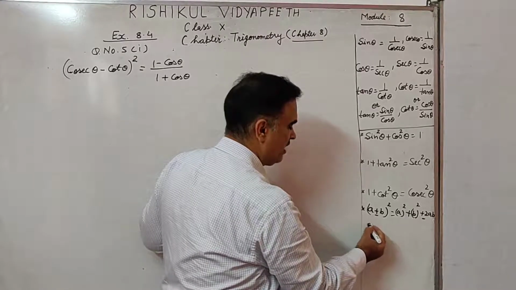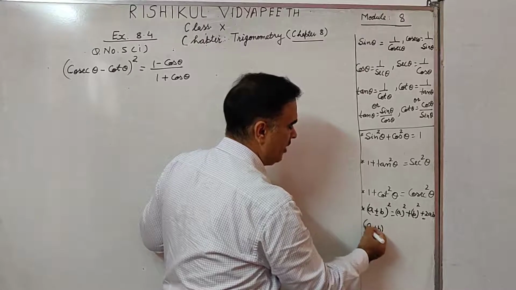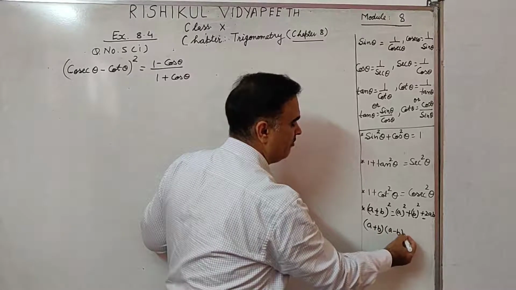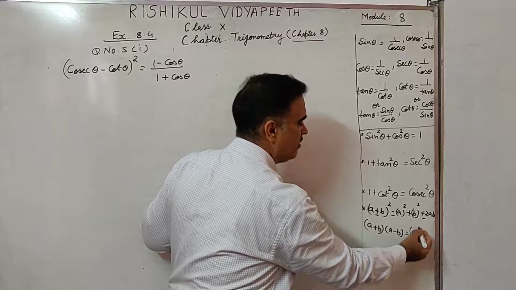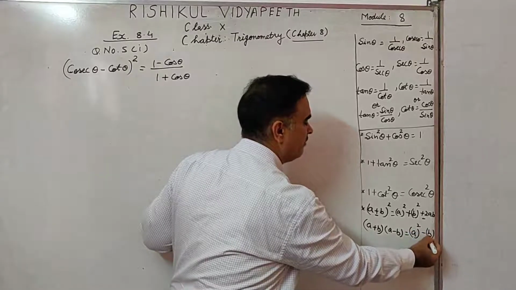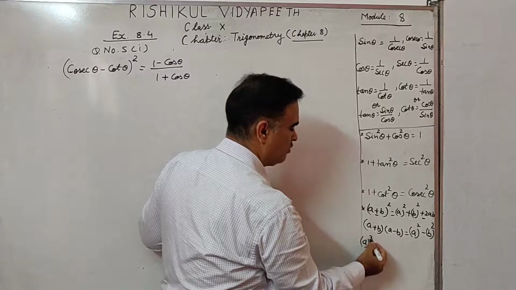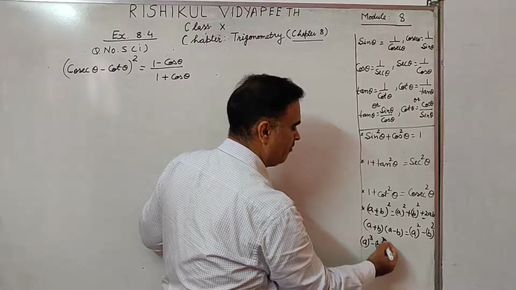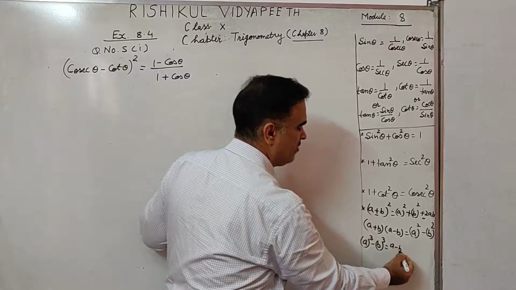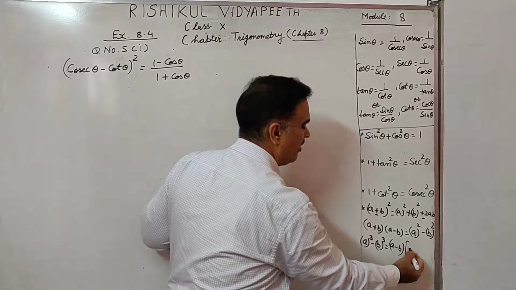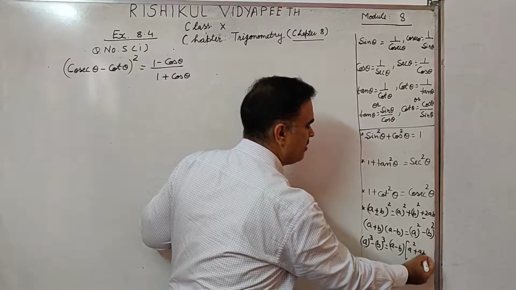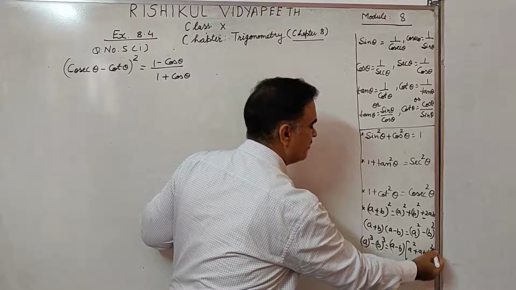And then another is a plus b into a minus b equal to a square minus b square. Another is very important, a cube minus b cube equals a minus b into a square plus ab plus b square.